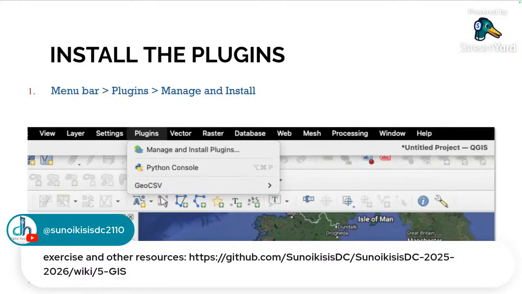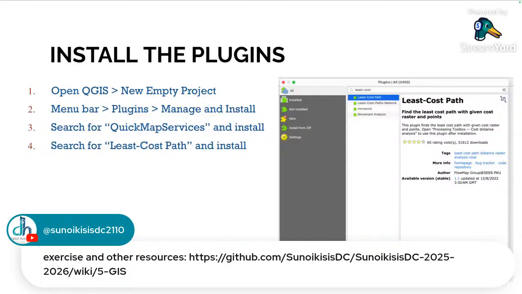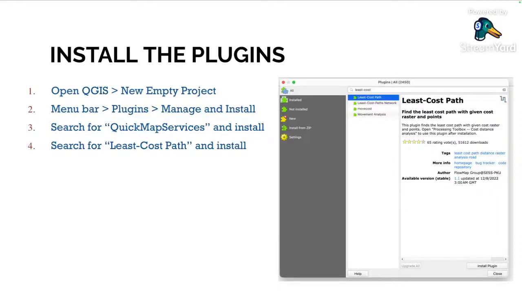There are two plugins that we recommend for this exercise. One is the Quick Map Services plugin, which you install directly in QGIS, and then the Least Cost Path plugin as well, which will be useful for the exercise.